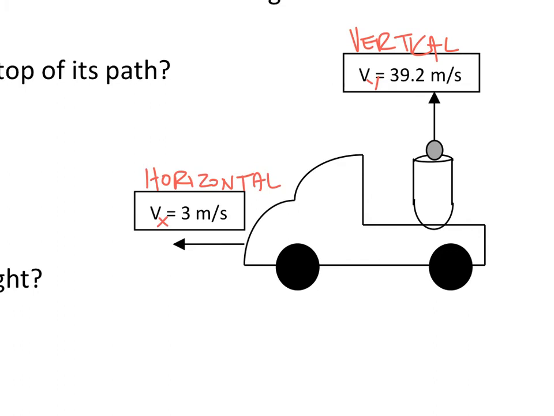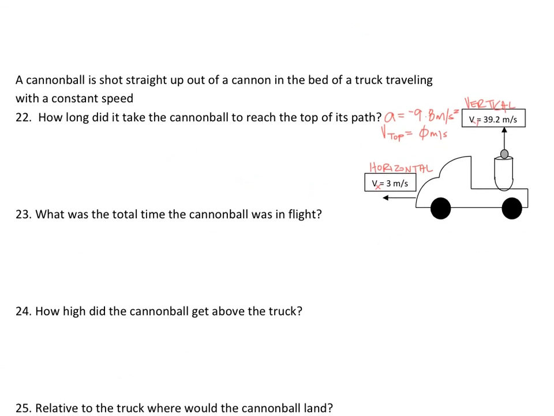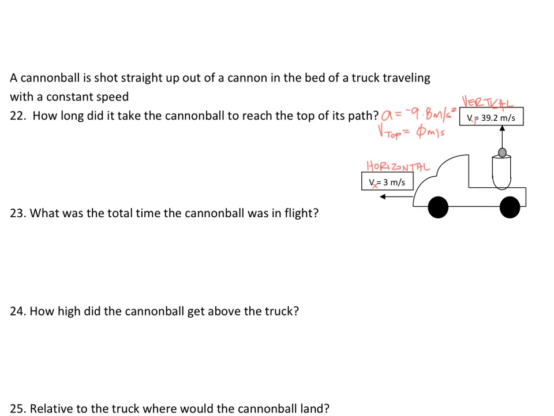Now, I also know that as this cannonball goes up, gravity is going to slow it down, and on the way back down, it's going to speed up. So I know the acceleration of gravity is negative 9.8, and I also know that the velocity of the cannonball at the top of its path is going to be 0. Okay, so based off of this information, I can calculate how long it's going to take to reach the top, the total time, and how high the cannonball got above the truck.